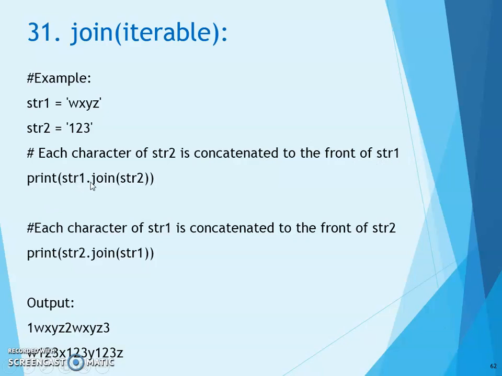As we are writing str1 dot join str2, and in str2 1 2 3 is mentioned, 1 will come first, then complete str1, then 2, then complete str1, and lastly the number 3. In the same way, when we write str2 dot join and pass str1 as the parameter, each character of str1, that is w followed by str2 completely, then x followed by str2 completely, and so on, will be the result.